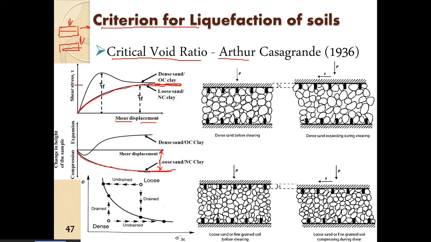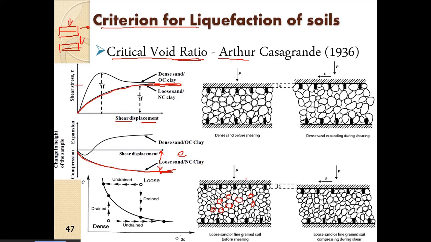So no volume change from this particular point. This point is called the critical void ratio, or basically the void ratio at this point is called the critical void ratio. So when there is normally consolidated soil, we can see there are huge numbers of pore spaces.